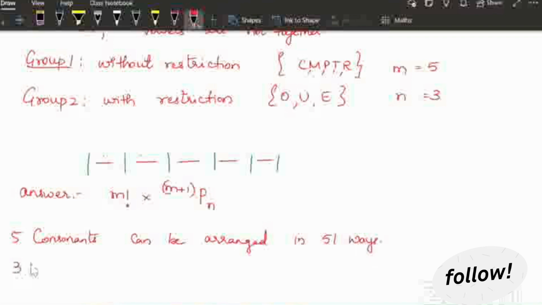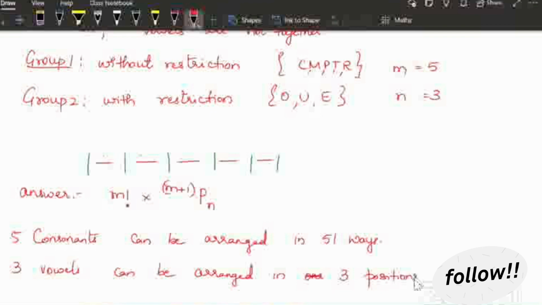Okay. 3 vowels can be arranged in 3 positions out of 6 alternate positions.